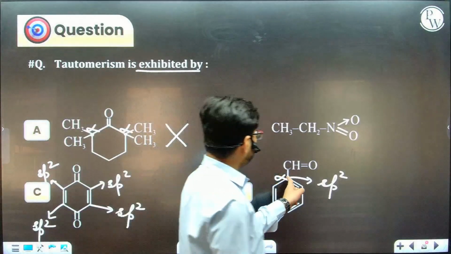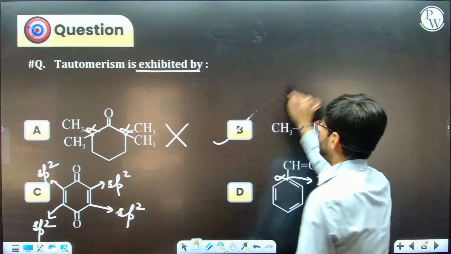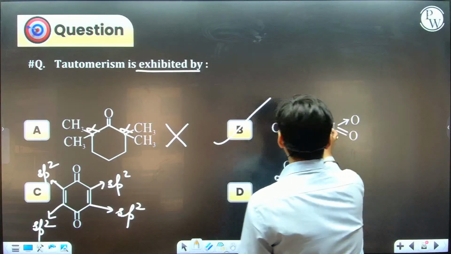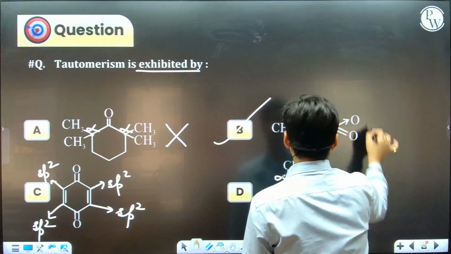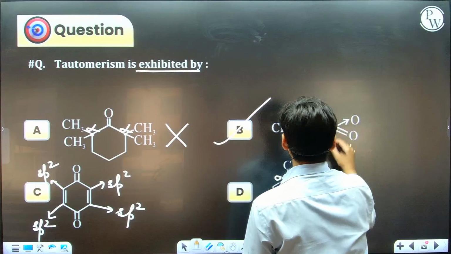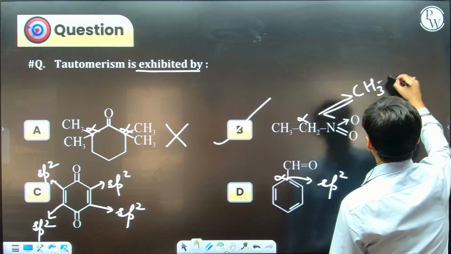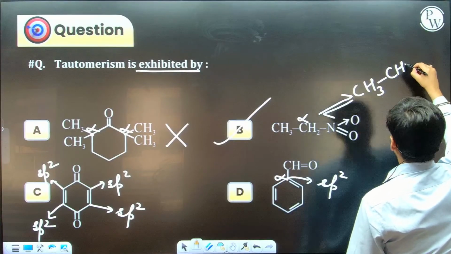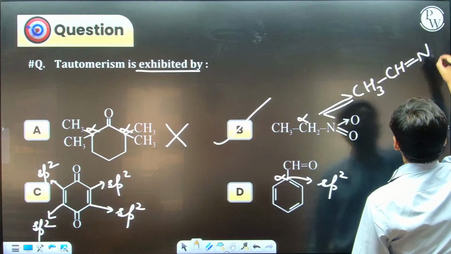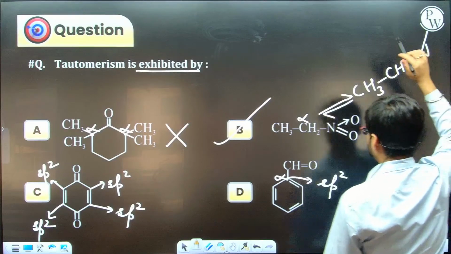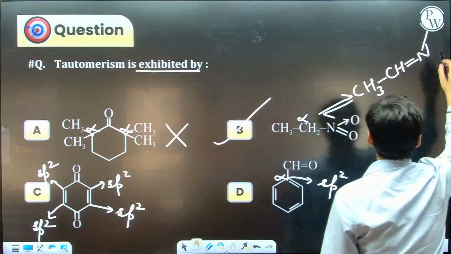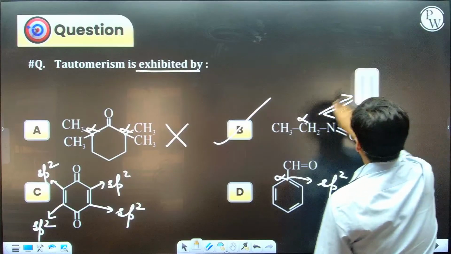Here also same problem, hence we are left with this. So this is the alpha carbon with respect to NO2, and from here tautomerism is possible. So like this we can show tautomerism here. Right? So one H will go here. So I'll show it here.